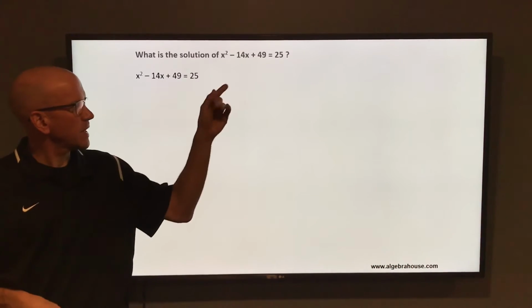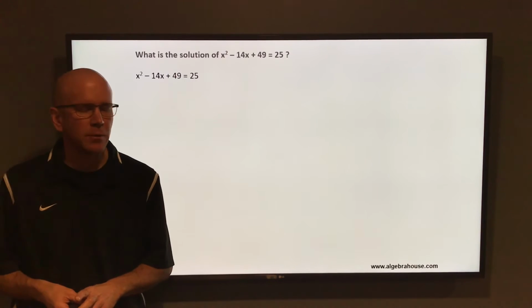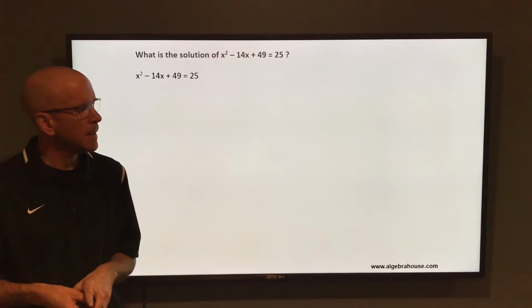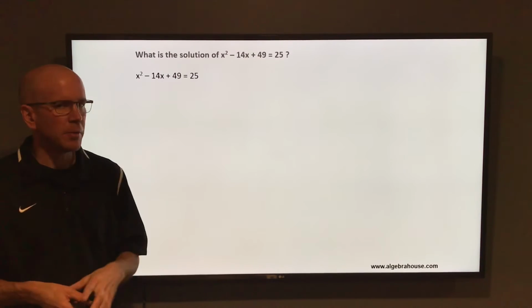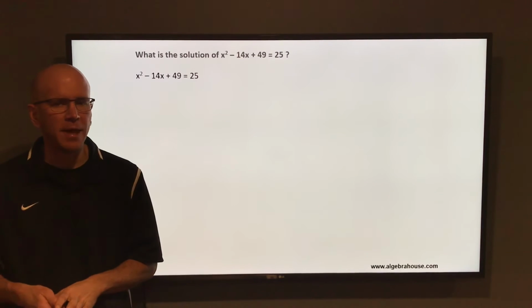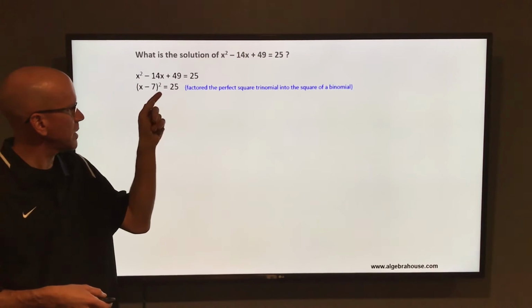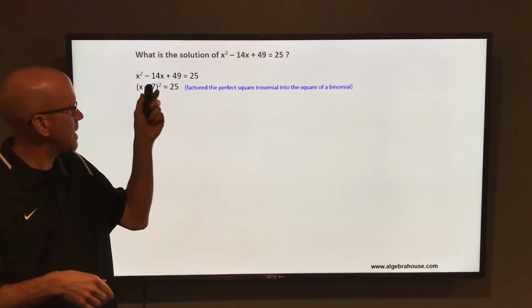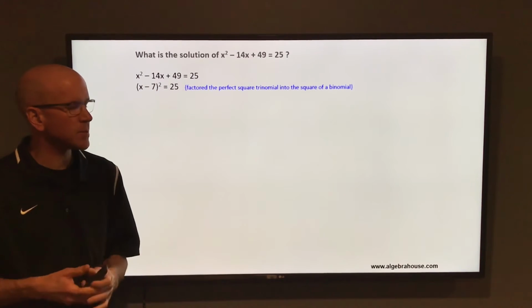What is the solution of x squared minus 14x plus 49 equals 25? Well, on the left side, we have a perfect square trinomial. That is the square of a binomial. So that perfect square trinomial will factor into the square of a binomial, and that binomial is x minus 7 squared. So once again, the form for a perfect square trinomial could be a squared minus 2ab plus b squared.